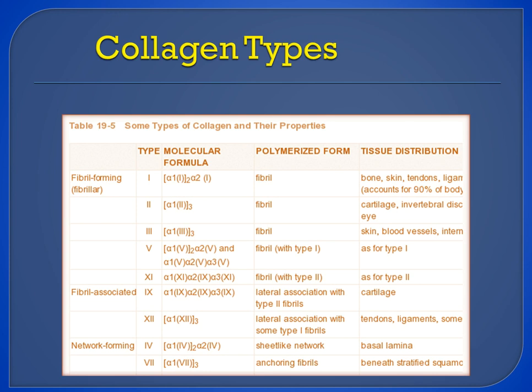Type 3 is present in skin, blood vessels. Fibril associated has two types, type 9 and type 12, and the third one is network forming, which has type 4 and type 7.